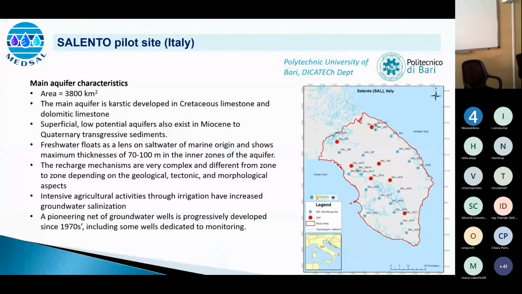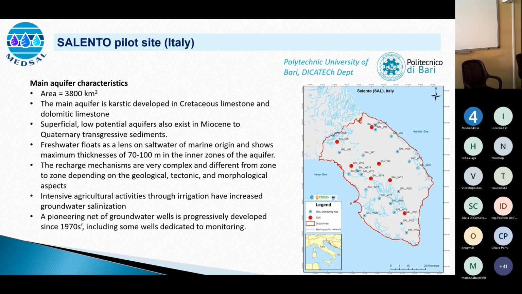But considering the presence of carbonate platforms sometimes below the water level, or the presence of low permeability carbonate rock thickness, we also have confined conditions, and also a superficial aquifer, but with a low potential in general.